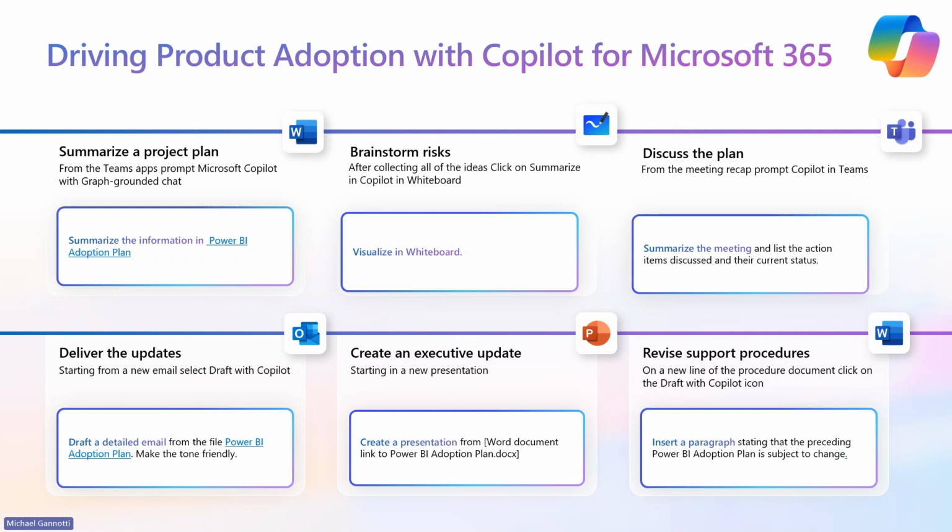We're going to look at then drafting an email based upon our contents and our project plan that we can send out to the organization. And so we can announce to them what's happening, what's coming their way, and kind of lay it out so everybody gets that. Then we're going to create an executive update.